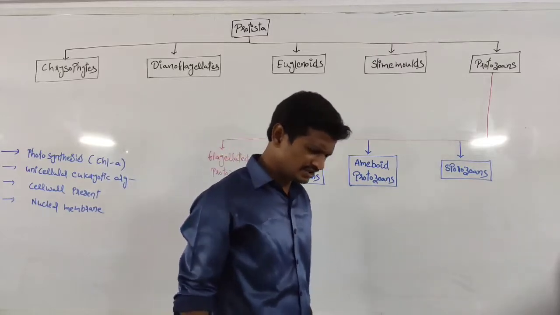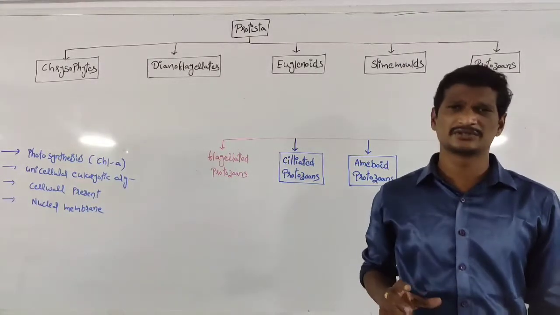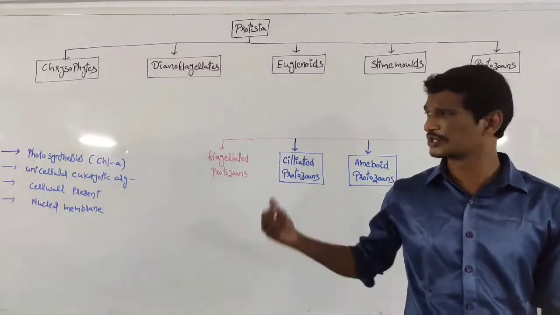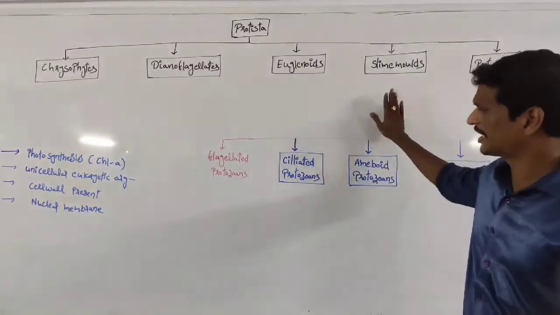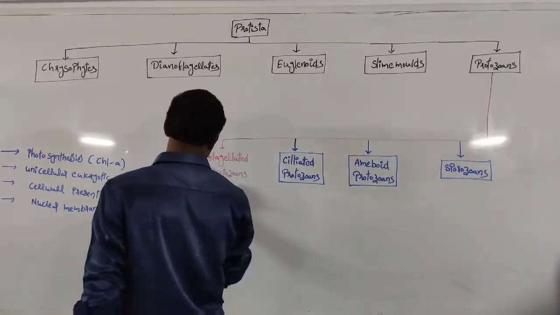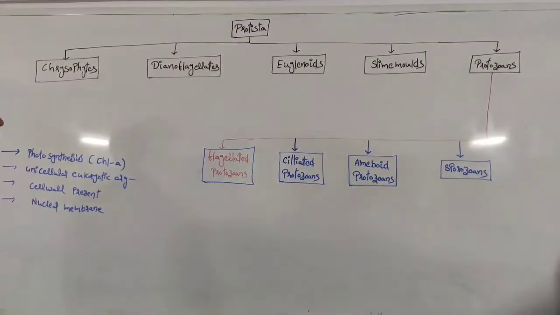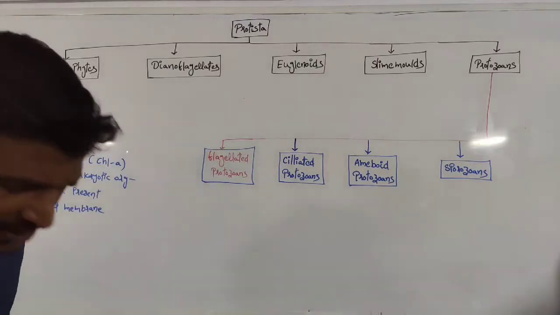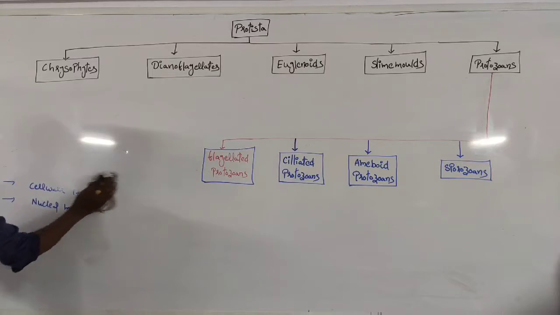This is a wide range of organisms with varied metabolism and nutrition. That's the reason the Protista classification is not considered a proper classification. That is the first point. These are the characteristic features of the Protista organisms, and one by one we'll discuss each subtype.